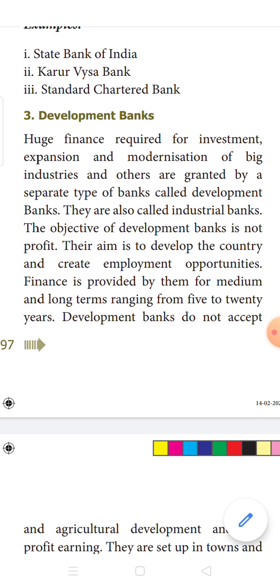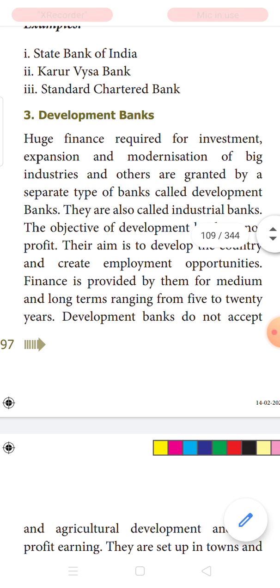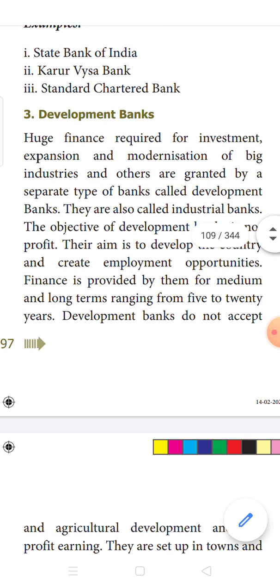So these industrial development banks lend long-term credits and medium-term credits. Normally, they avoid giving short-term credits because developmental activities require a long time, and short-run loans will not be given by the development banks. These long-term loans range from 5 years to 25 years of repayment period.